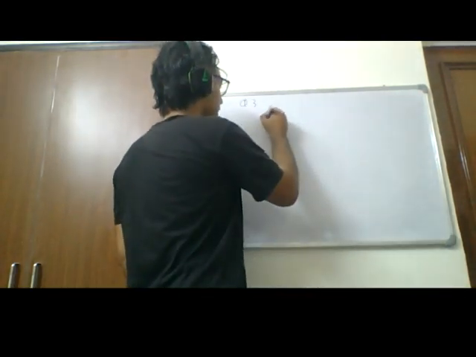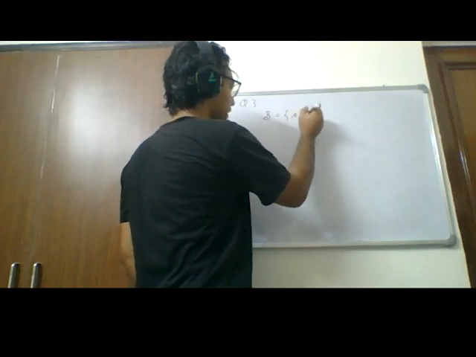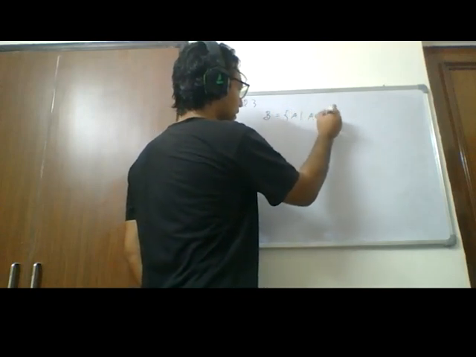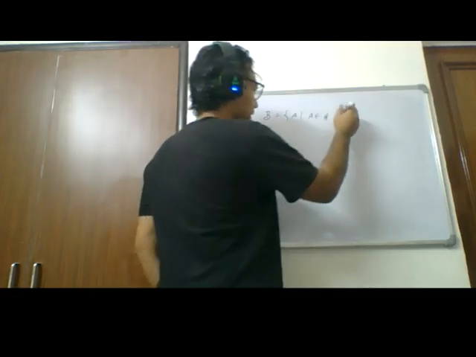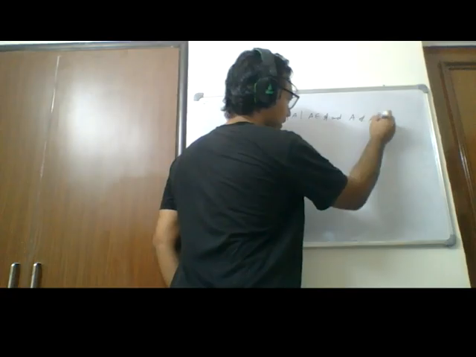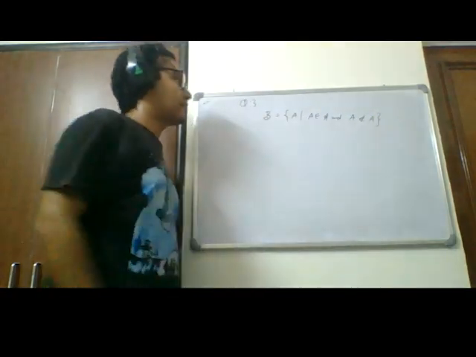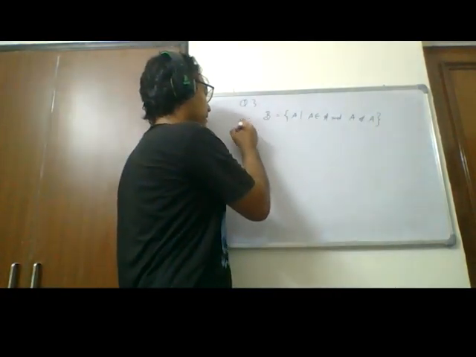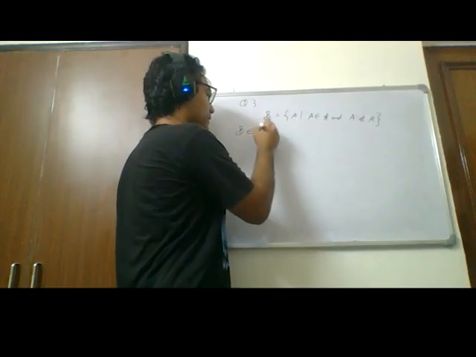Now for the paradox. Theta is the set of all A such that A is in the set of all sets, so A is a set, and A does not belong to itself, right? Okay. Now suppose theta belongs to itself.